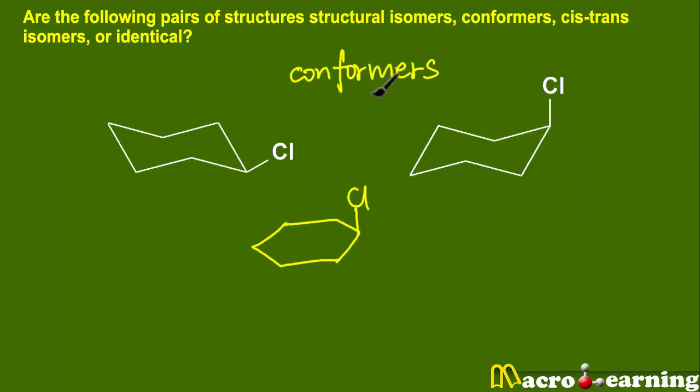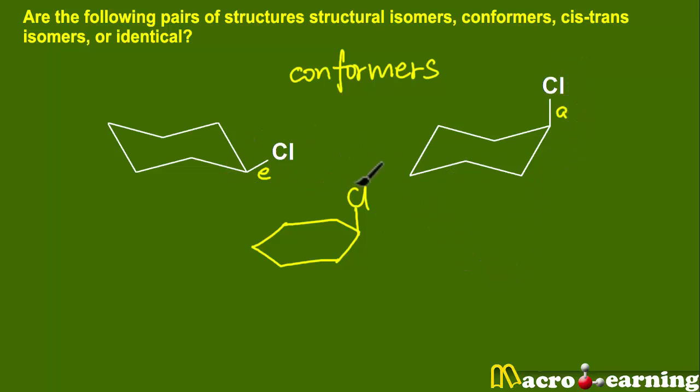So in other words, a pair of chair conformations from the same compound would always be a pair of conformers or conformational isomers. And they're not identical, because one has the E bond for the chlorine substituent and the other has the A bond.